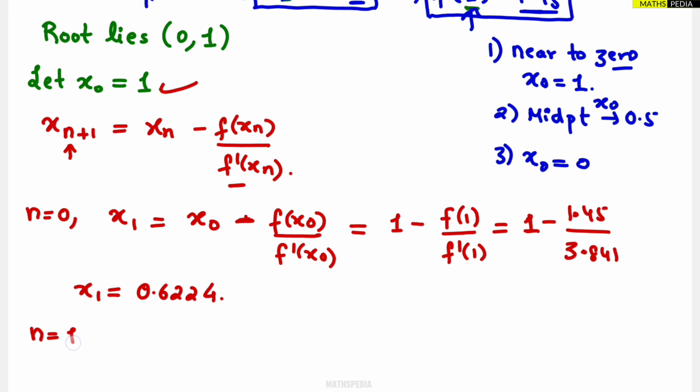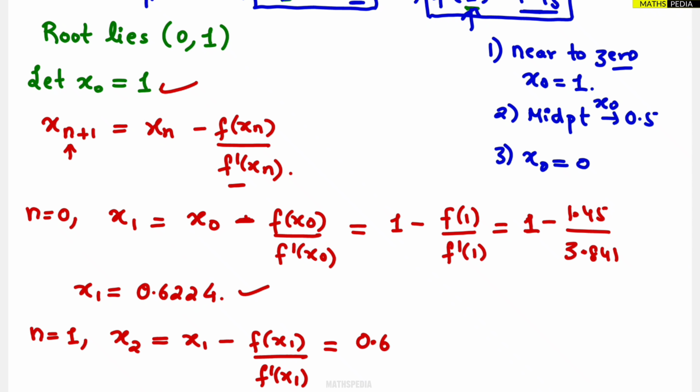Let us go for second iteration. We have to substitute n is equal to 1. That means the equation becomes x2 equals x1 minus f of x1 divided by f dash of x1. Okay. Now what is x1 value? The previous value, whatever you have got. So 0.6224 minus f of 0.6224 divided by f dash of 0.6224.